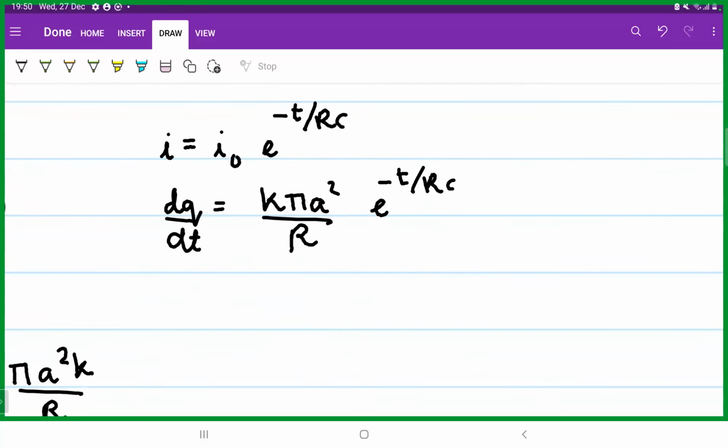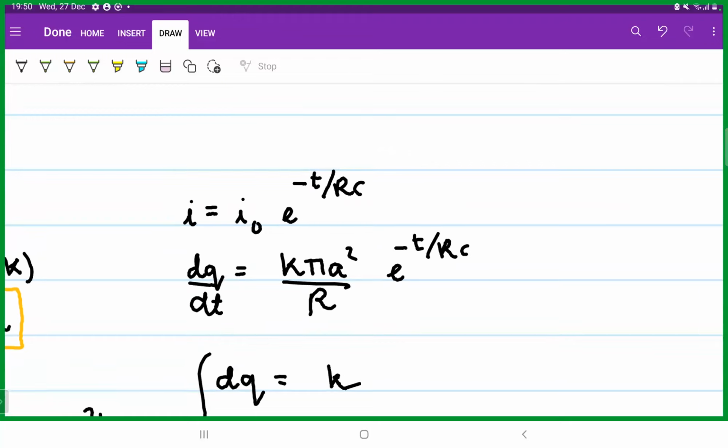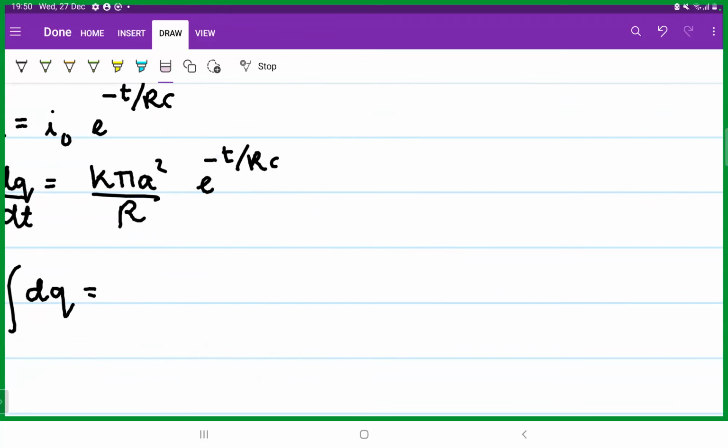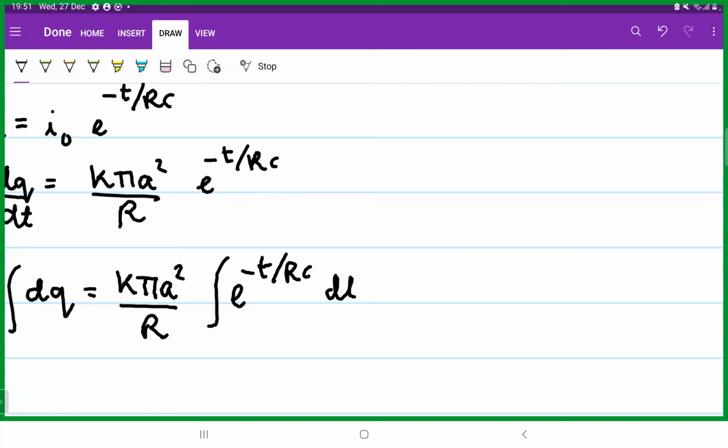So integrating, dq will be equal to kπa² by R e to the power minus t by RC dt.